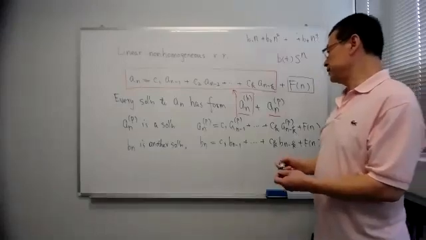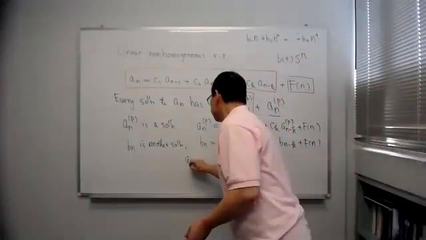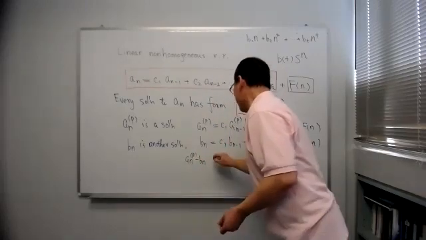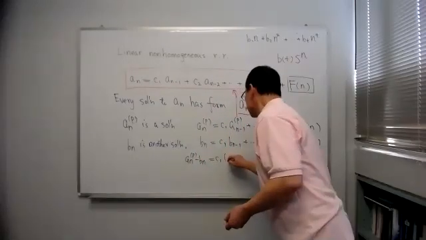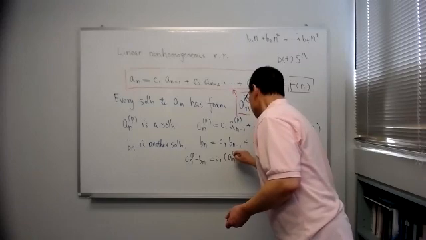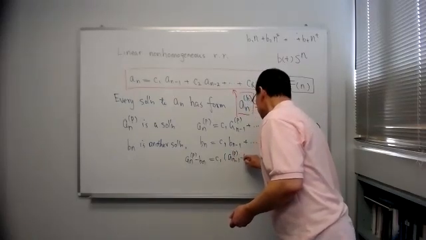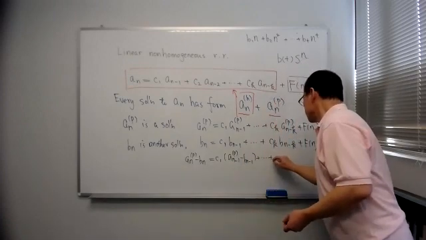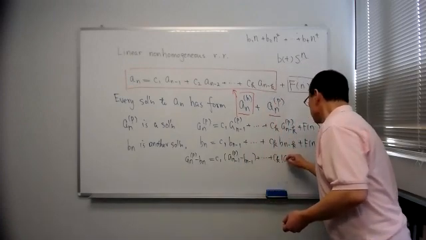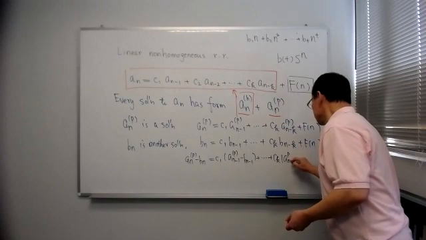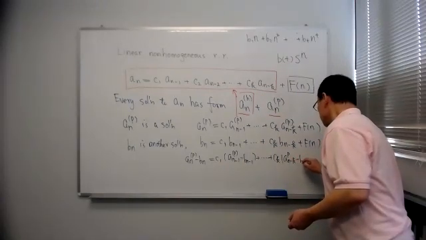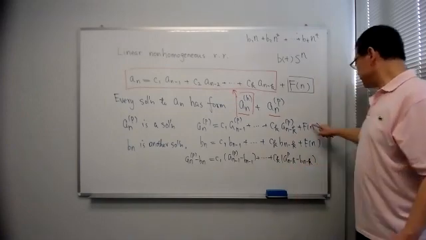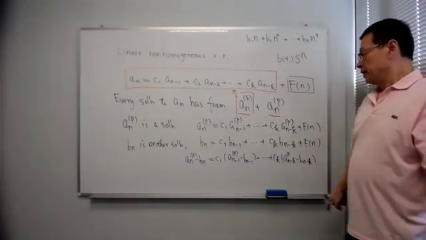So what we get is, so these two f(n) cancel.